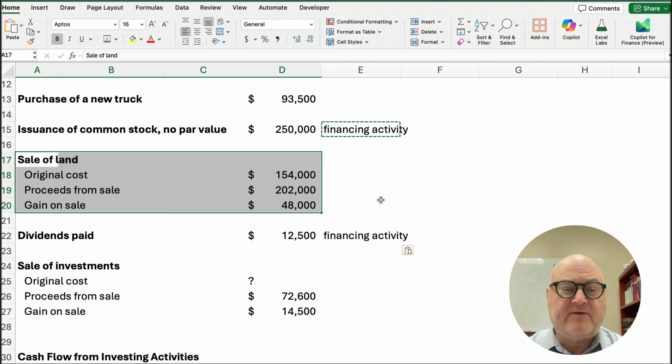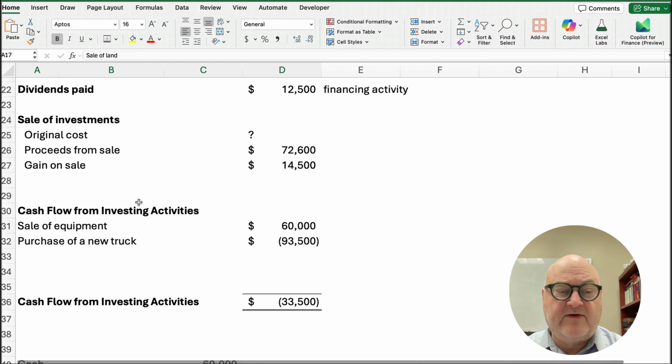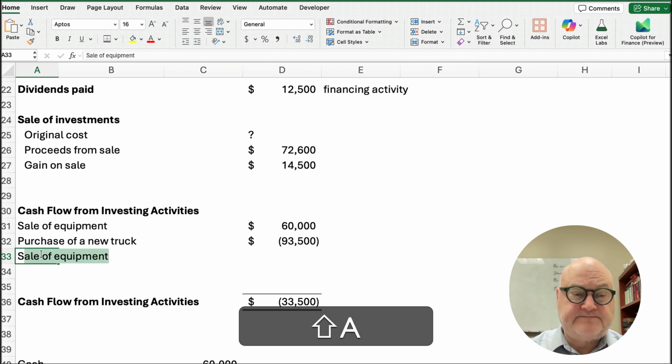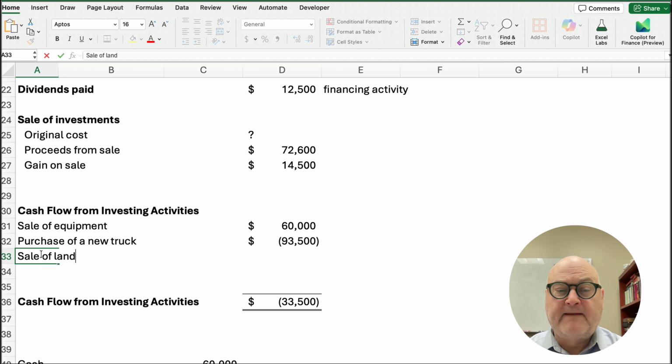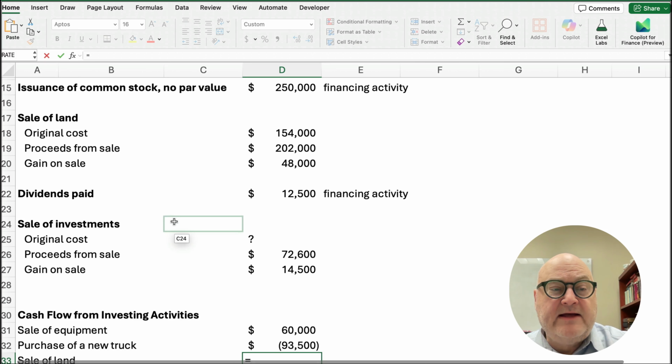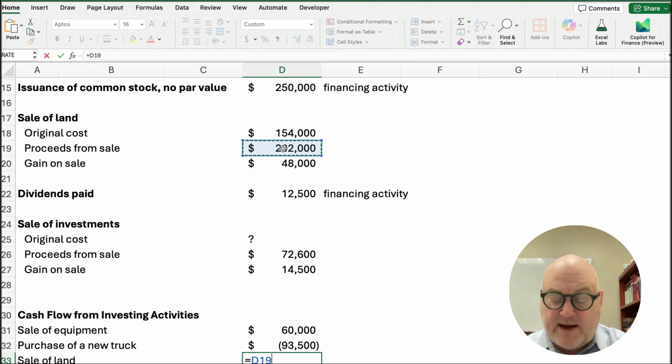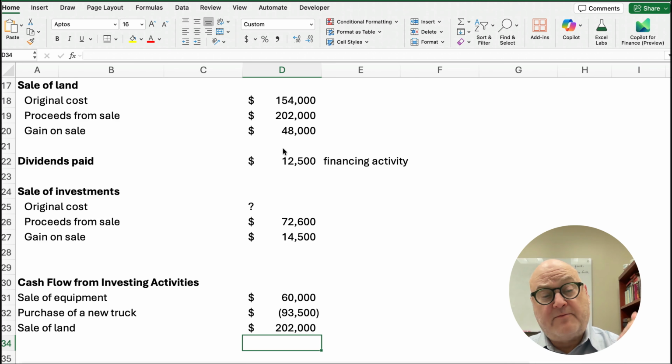All we care about is what's the cash consequence. Did we buy land or did we sell land? We sold land, so we'll say sale of land. It's nice to have all that other information, but all we need right now is the sale of land. How much cash did we receive? $202,000. Now, if we're the buyer of land, say we purchased land for $400,000, then that would be a negative $400,000. You understand how that works.